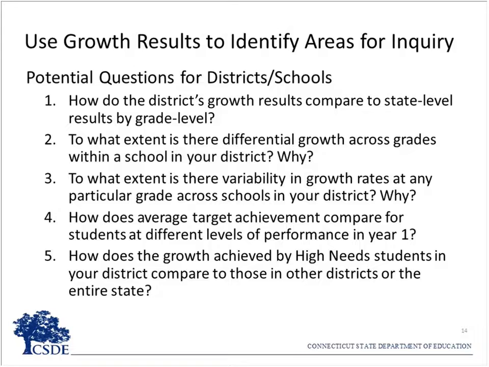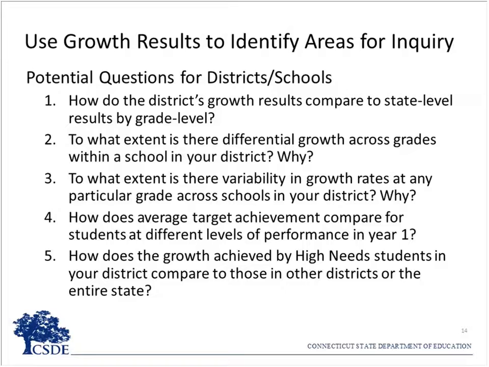In the student level data, we actually provided you with the starting category for each student. If you remember in the growth table, we talked about how there are 8 categories, 8 starting points for students that determine how much growth is expected. That information, that starting point, is actually included in the student level data that we provided to all districts.